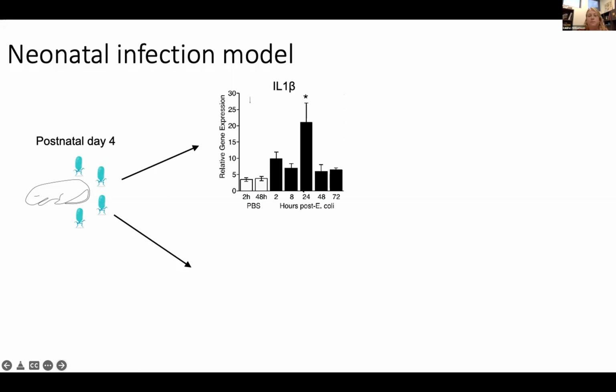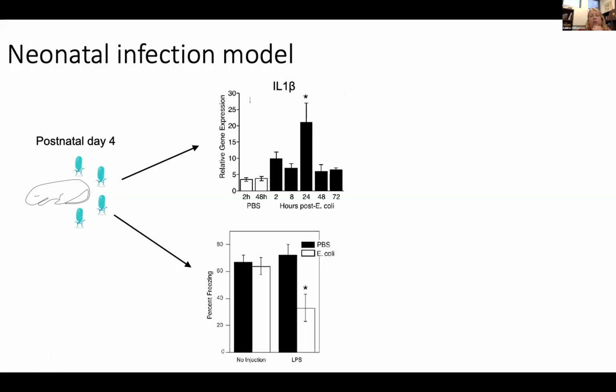And when you look at adults, we're looking here at percent freezing on a fear conditioning task. The black columns received PBS, phosphate buffered saline, as babies, and the white columns received E. coli as babies.